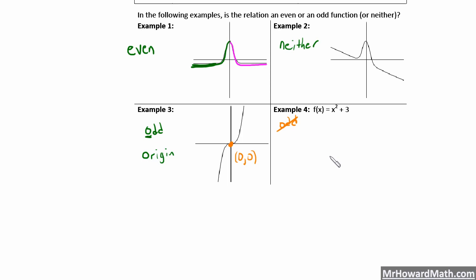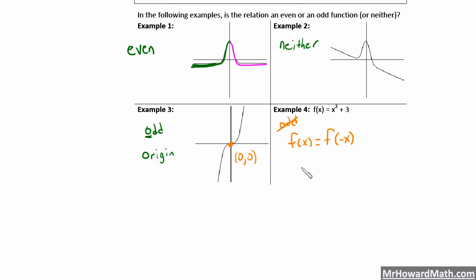So if it's even, then remember from our rules that f of x has to be equal to f of negative x. Okay, if this is even, this has to be true. So all we do is everywhere we have an x here, we substitute in a negative x.